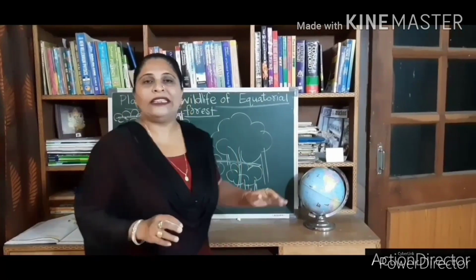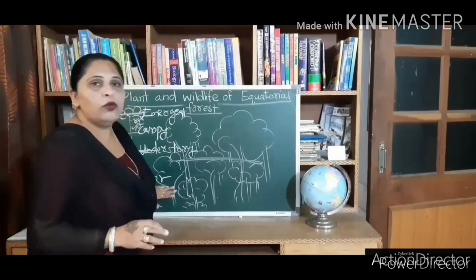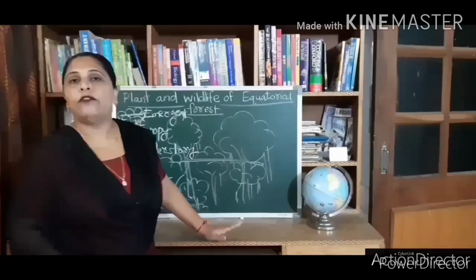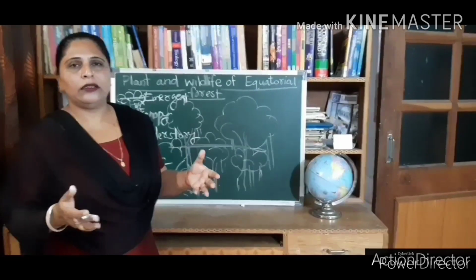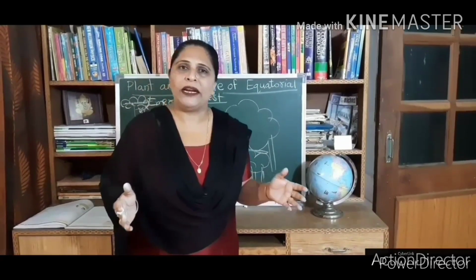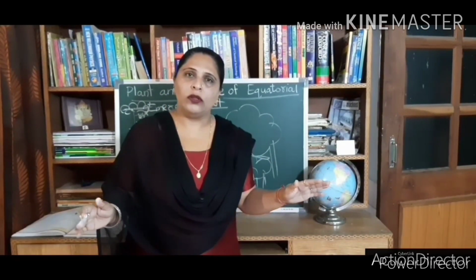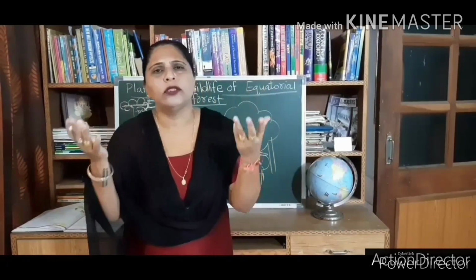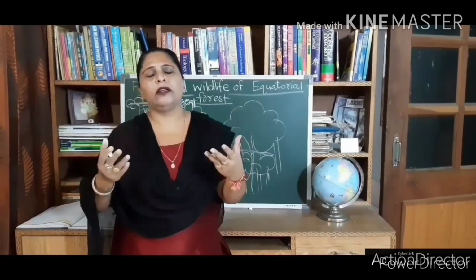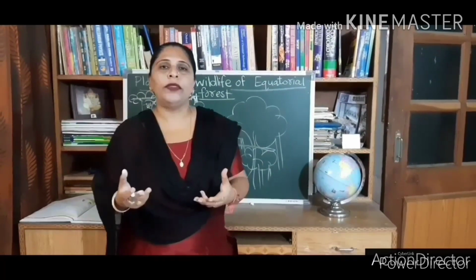And now the bottommost layer of the forest is the forest floor. Here the plants are bushes and small tiny plants, and they cover the ground. The trees regularly keep wilting, and the leaves keep falling.